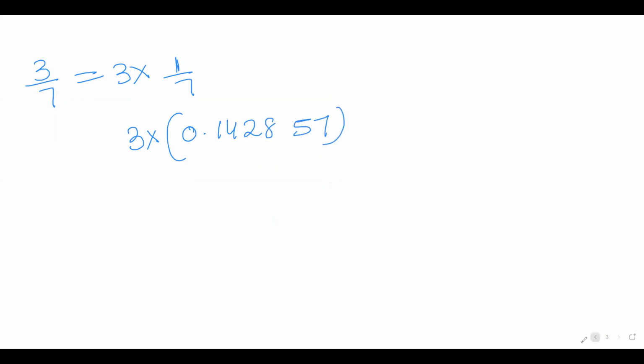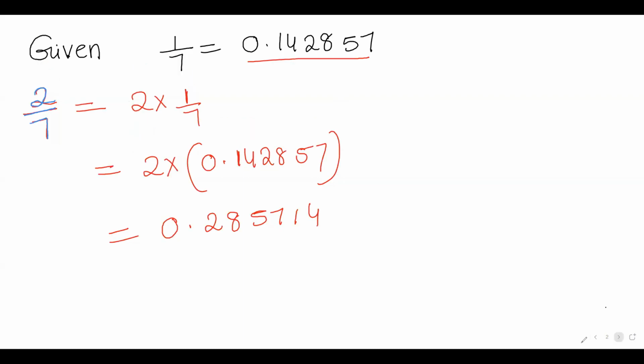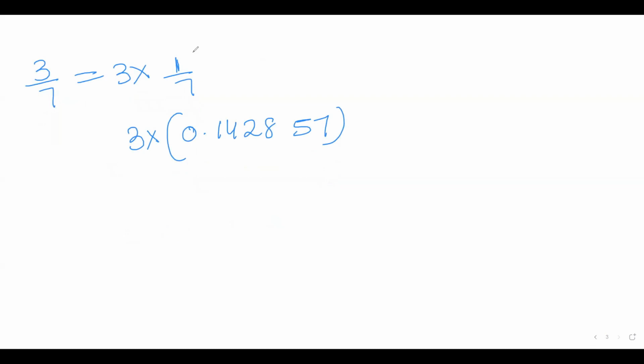This is the value of 1 by 7. I have substituted 1 by 7 value. Now I need to multiply to get 3 by 7. Please multiply and tell me the answer.